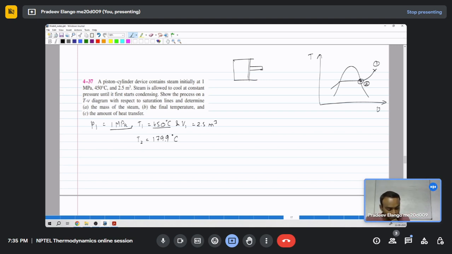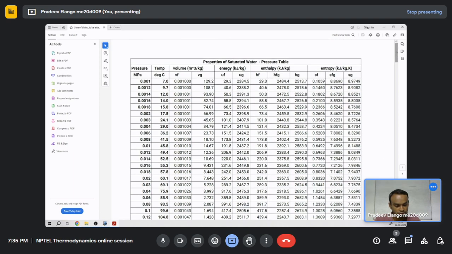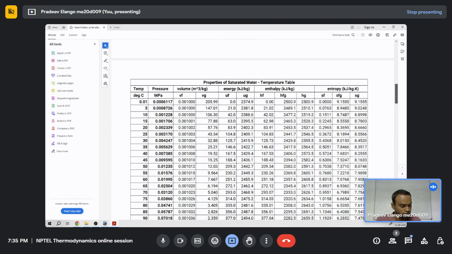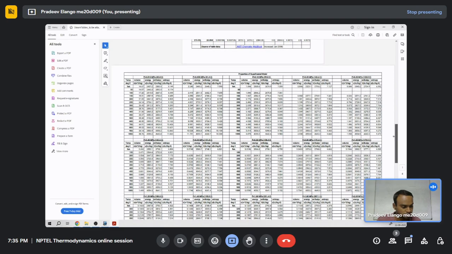For the amount of heat transfer we would need the enthalpy at both states 1 and 2, and for mass of steam we want the specific volume at the first state. Here you find only the specific volume of the fluid and the steam. To find the properties of the superheated steam there is another set of tables.